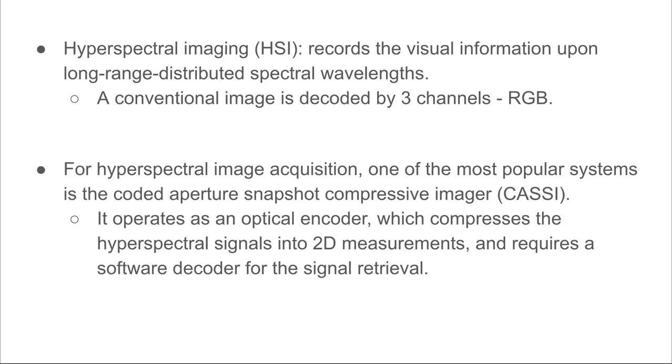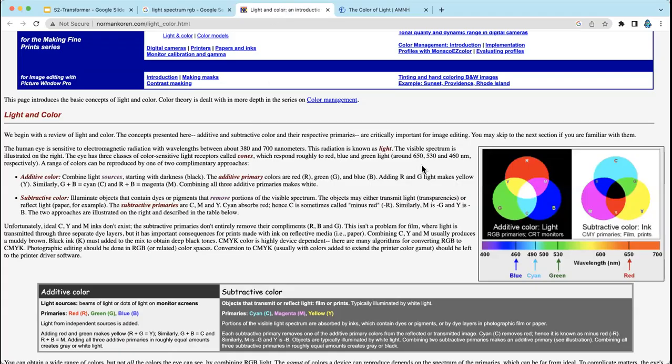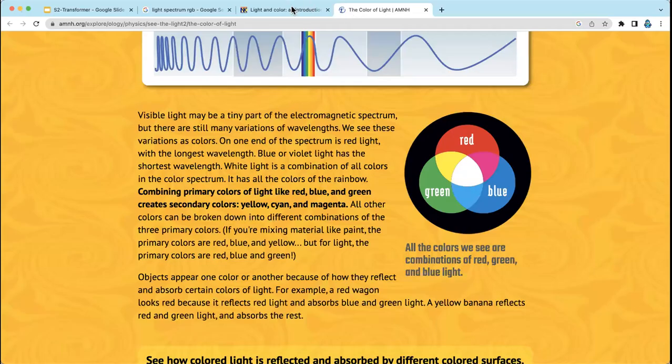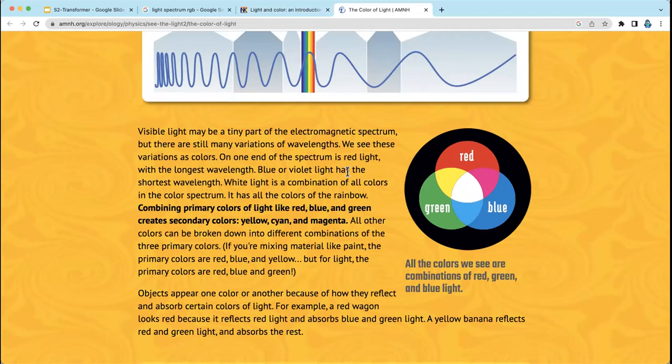Conventionally and most commonly, a color image is encoded by only 3 channels, RGB. Any image in your phone, or in the conventional CV community when they deal with color images, or even in large datasets such as ImageNet, are all in 3 channels RGB.